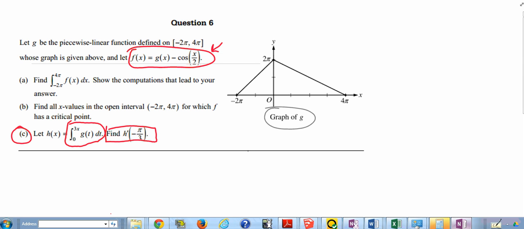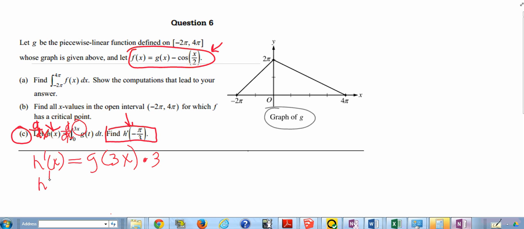this is the second fundamental theorem of calculus, right? If you're finding the derivative, and it's defined by the integral, so if you take the derivative of the left side and the derivative of the right side, hopefully that will clue you into the fact that since you're taking the derivative of the integral, we're just going to replace the variable t with that 3x. So you have g of 3x, but it's not just regular x, so you have to take the derivative of that. So this is the derivative of h of x.